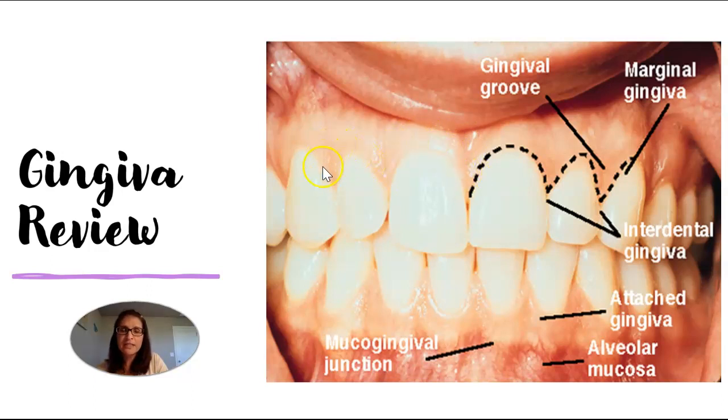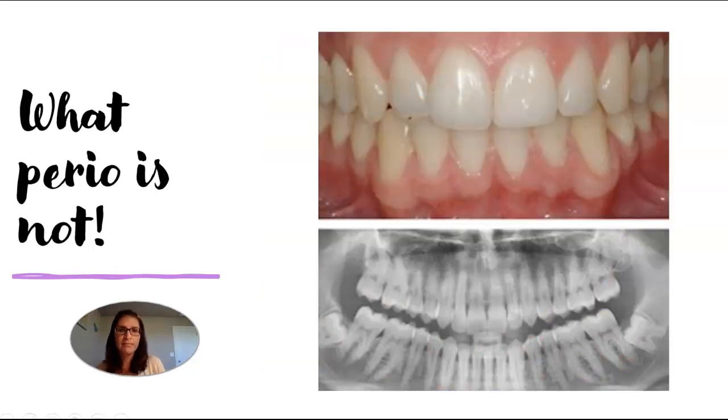So you're going to see it. It's very subtle. It's a slight depression that you're able to see where the two come together and meet. Very similar to our CEJ on our teeth, where our cementum meets our enamel, and it sort of creates that junction or that groove. This is the same thing. Attached meets the free or marginal gingiva.